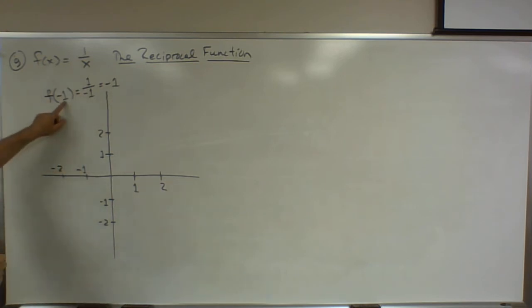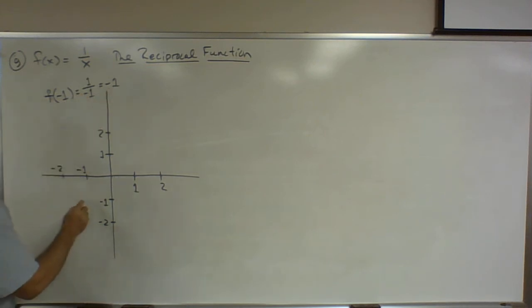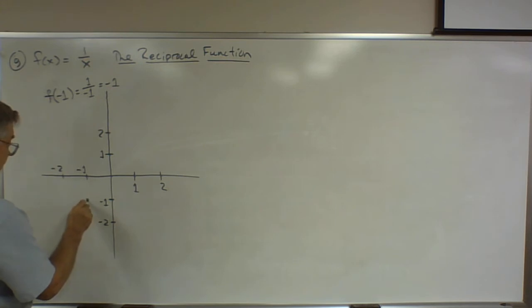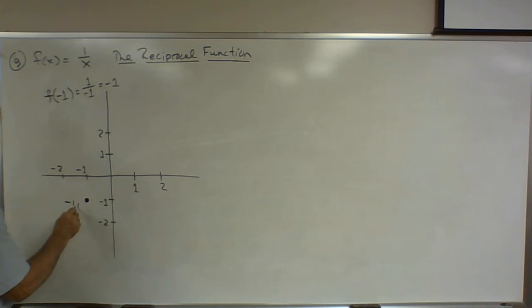So when x is negative 1, y equal f of negative 1 is negative 1. So x is negative 1, and y is negative 1, okay?